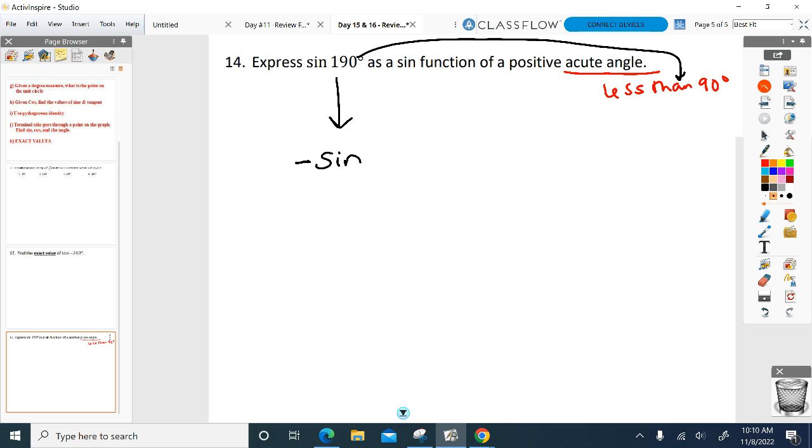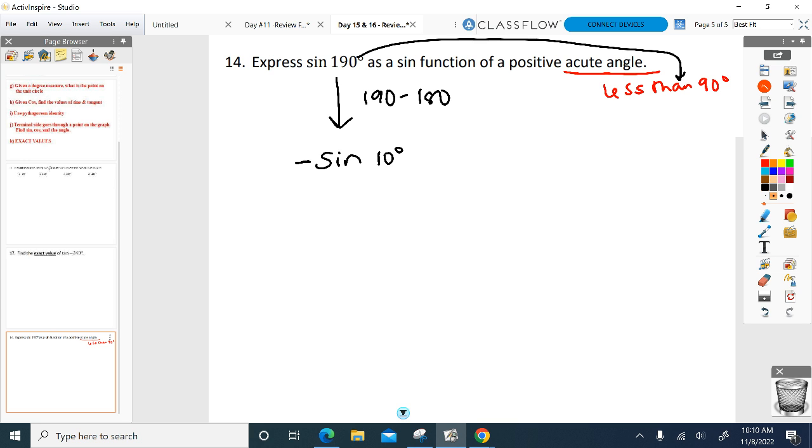So can you get the reference angle for 190? What do I need to do? Subtract, right? So 190 minus 180 will give me 10 degrees. And there, that's all I want. I am absolutely not going to ask you to find the value because we don't talk about 10 degrees on the unit circle.